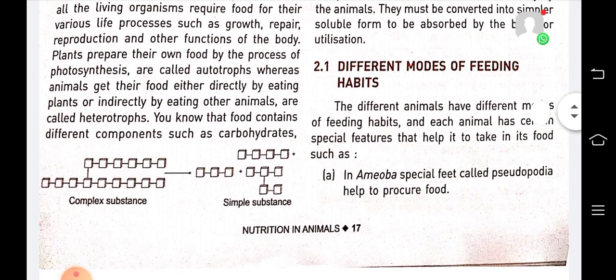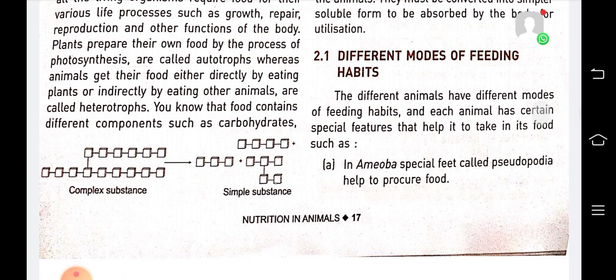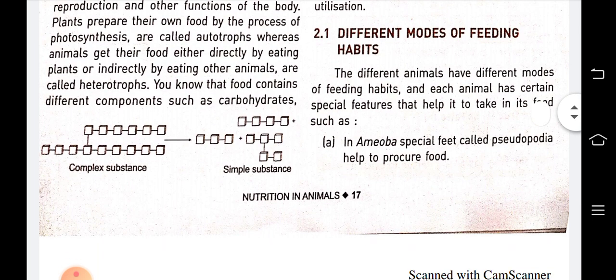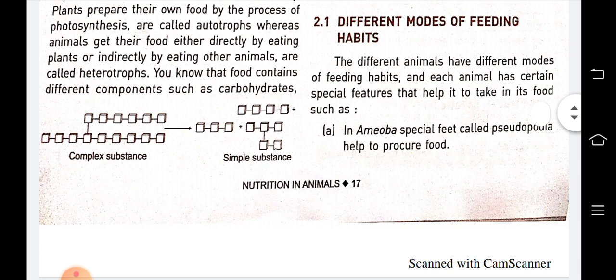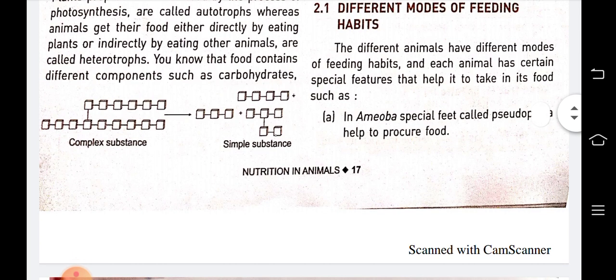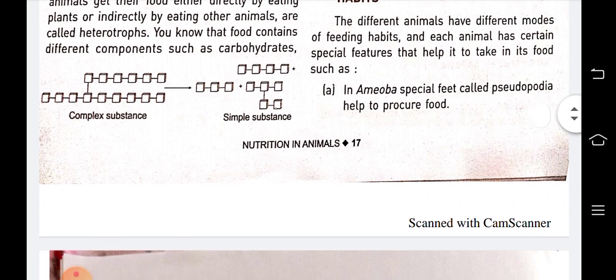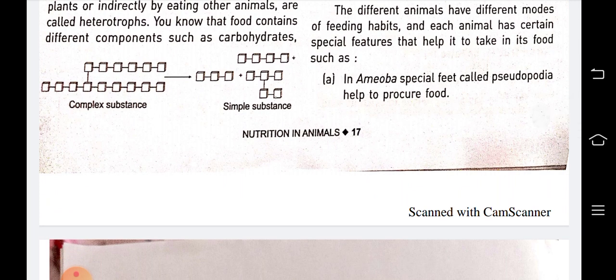So, different modes of feeding habits. What are the different modes of feeding habits in different animals? Different animals feed in different ways, and each animal has certain special features which help it to take its food. For example, first is amoeba.